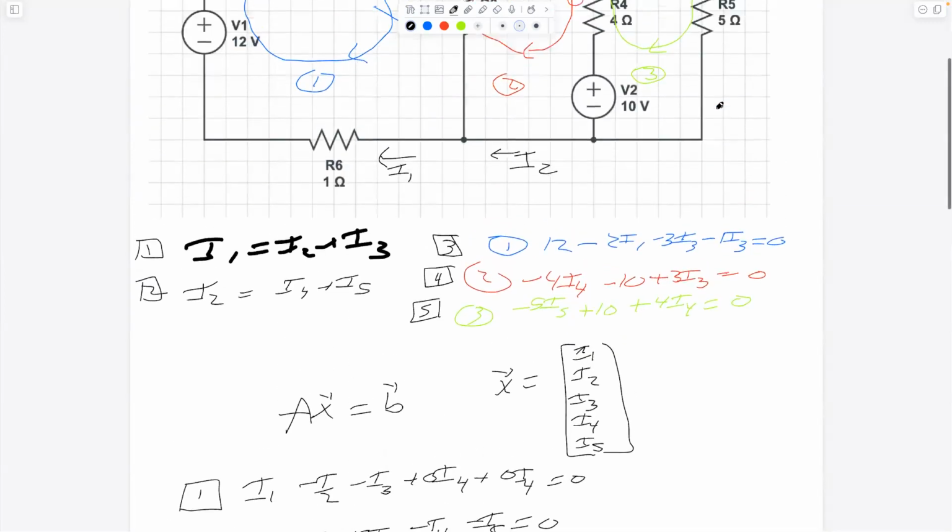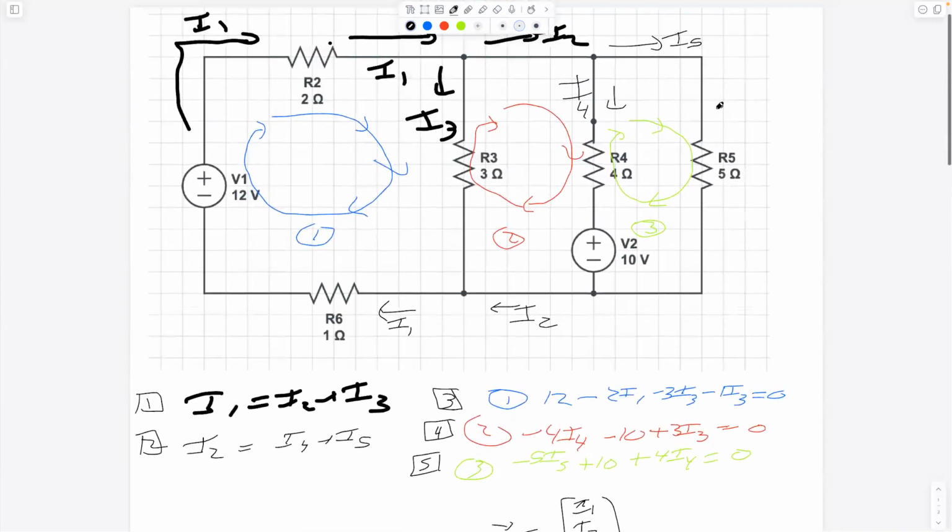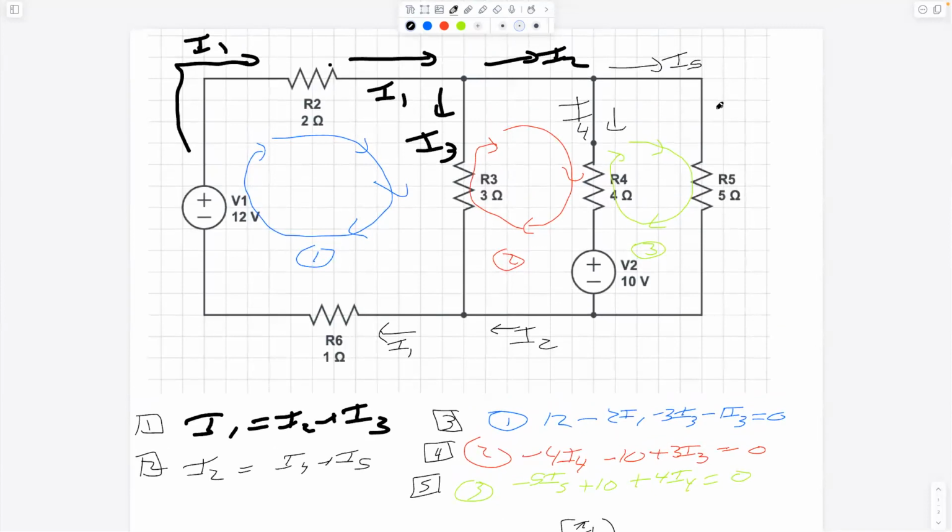In fact, I had 2 different I3s because this was a typo right there. Oh, I'm glad I caught this. That was a typo right there, and I hope you caught that as I did it.